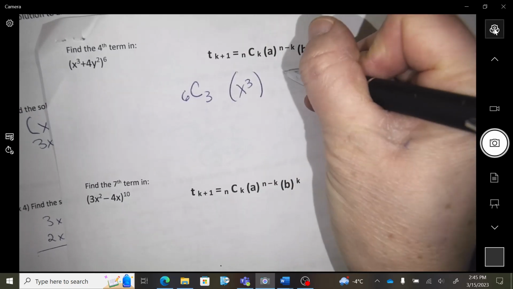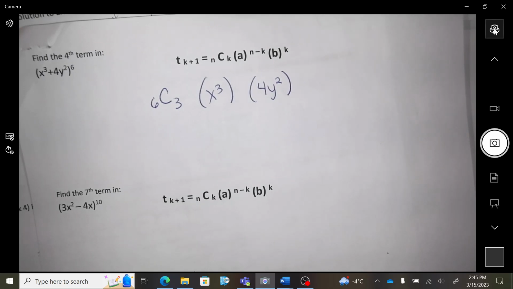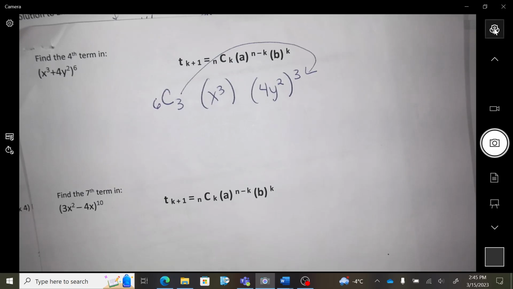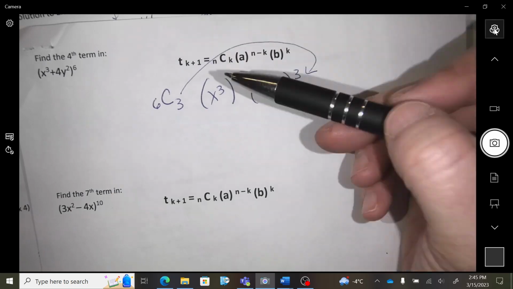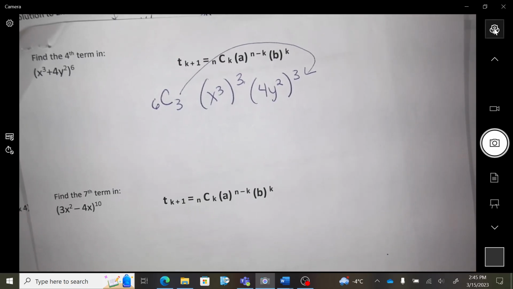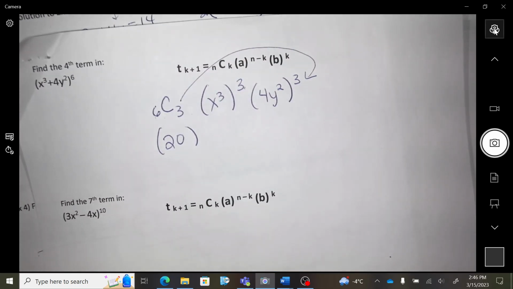X cubed in a bracket, 4y squared in a bracket. This number has to match your choose number. This number is the exponent subtract the outside. Okay, so on the calculator it would be 6 choose 3 to get a number.